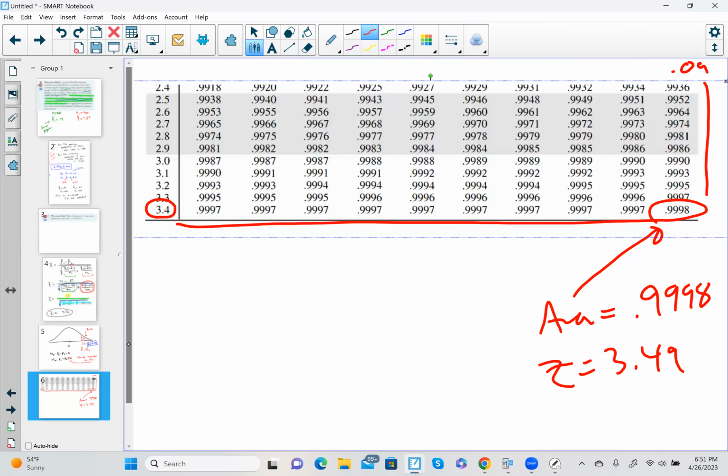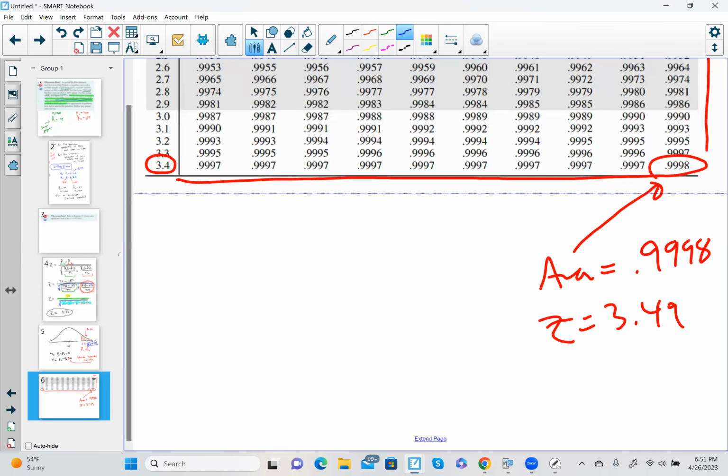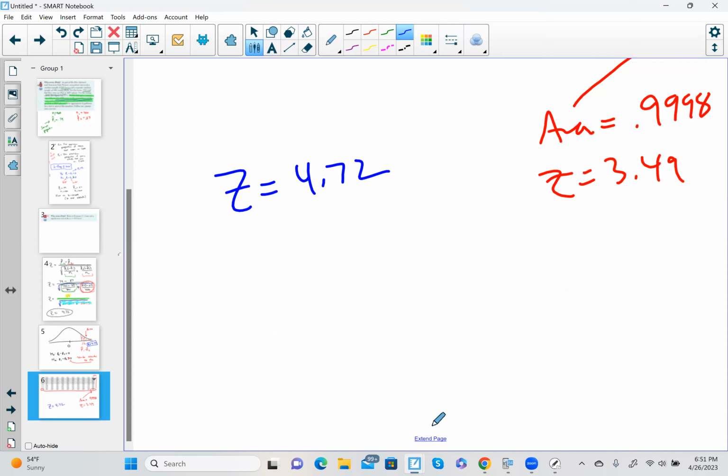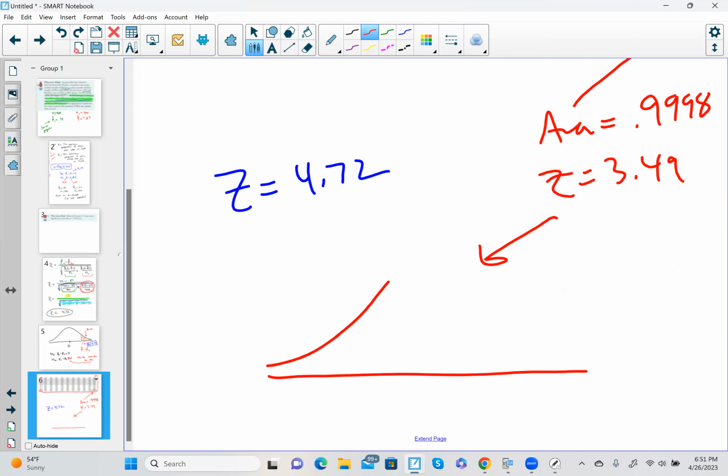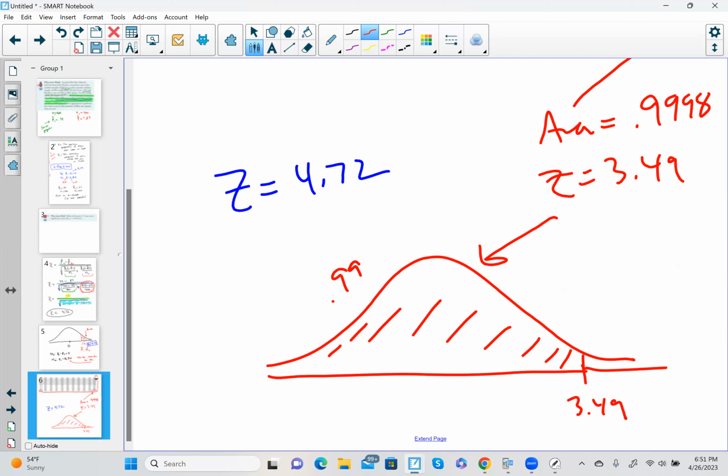Now we have a problem. Our z-score, which we got in this question, was 4.72. So that's even bigger than 3.49. So let's remind ourselves what this chart is telling us. So if we look at this information, this is saying that if we have a normal distribution and we go all the way out to 3.49, the area to the left is 0.9998, which means this area here is 0.0002.